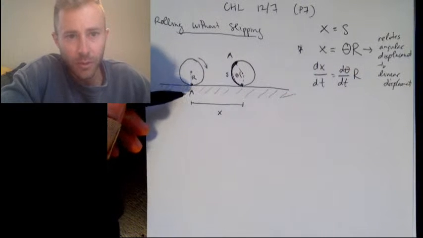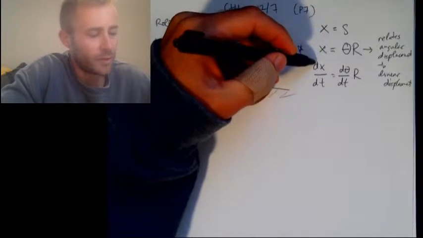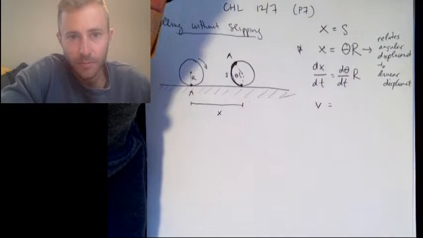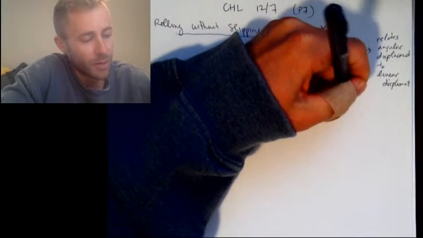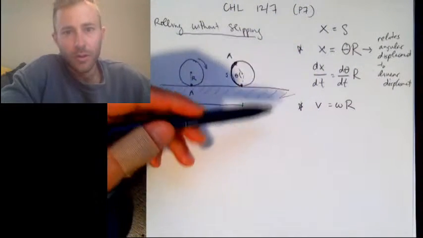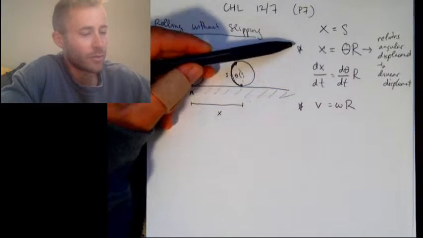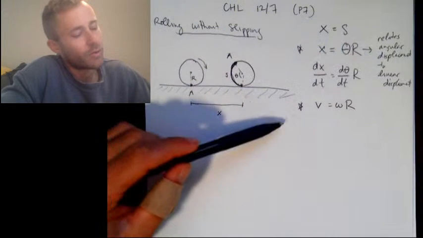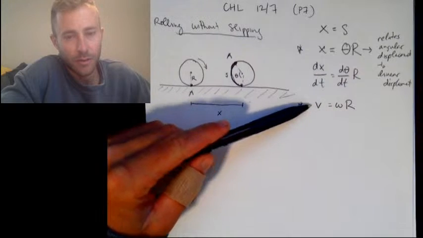Because the radius of the wheel is a constant. dx dt is the linear velocity, v. d theta dt is the angular velocity, omega. So rolling without slipping results in a relationship between angular displacement and linear displacement, and taking the derivative results in an equation between angular speed and linear speed.